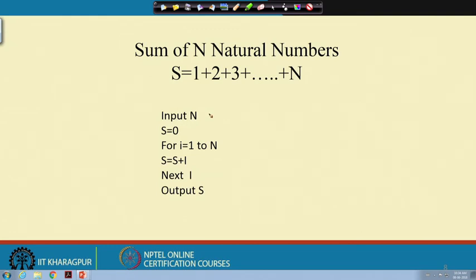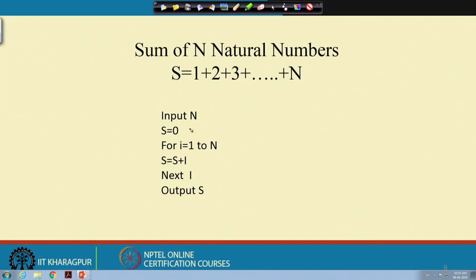Here you see the input is n, initially the sum is 0, and then for I equals 1 to n, the sum is modified with the previous sum plus whatever value is there, that is I. And whenever this job is finished, change the I value to the next, and when all this is finished, the s value will be assigned to the corresponding output.